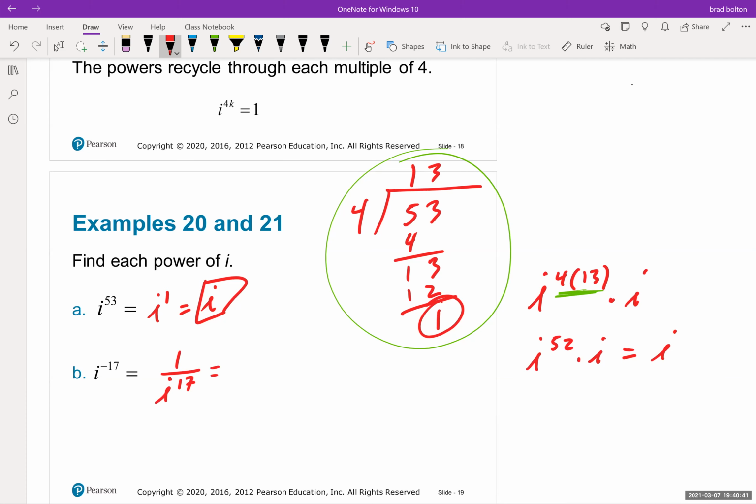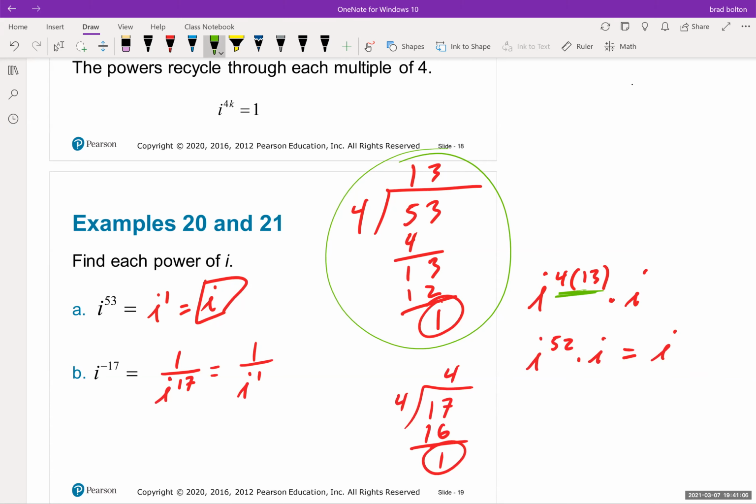Now we have to figure out what it is in the denominator. So I'm going to take 17 and divide it by 4. Remember, it's in the denominator, so we need our i's in the numerator. So I'm going to say this is 4, 16, 1. So we have a remainder of 1. So this is actually 1 over i to the 1.